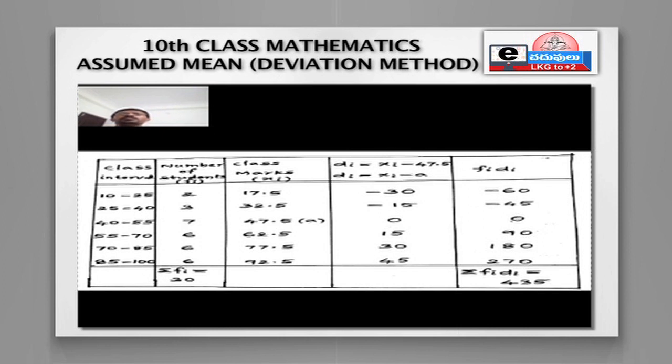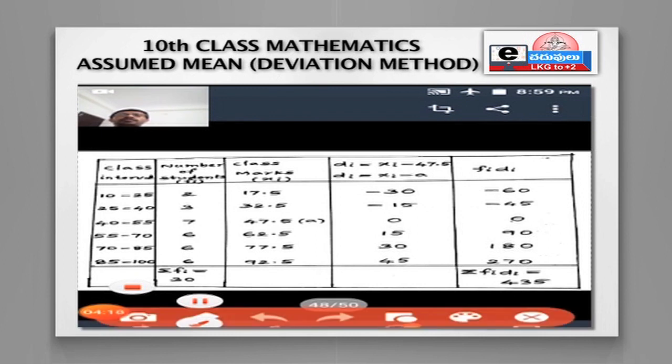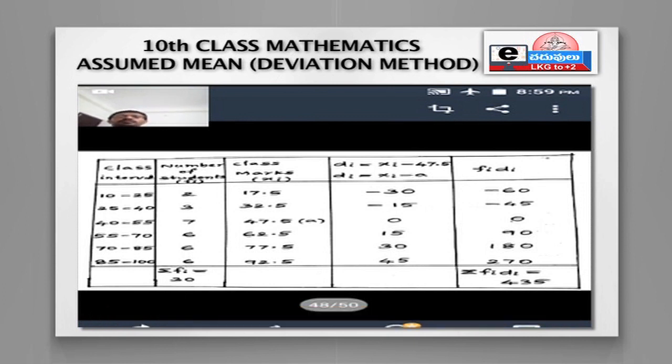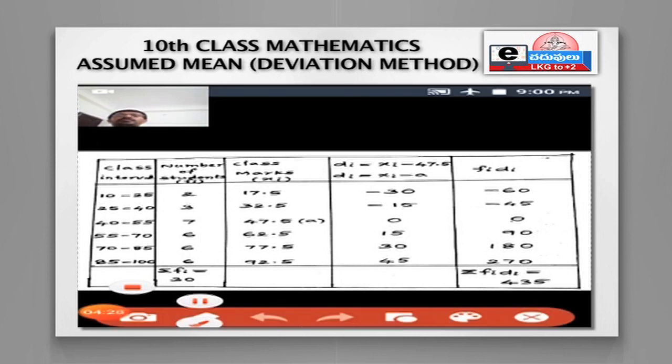Here in this table, these are class marks. Class marks are denoted by Xi.